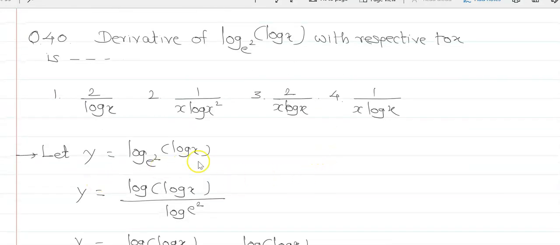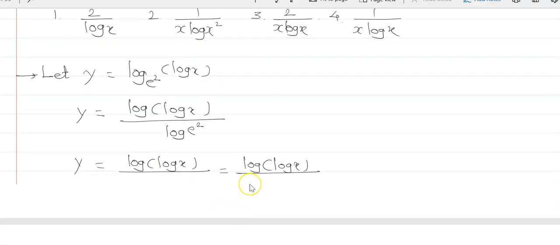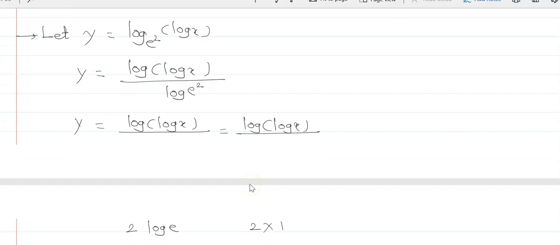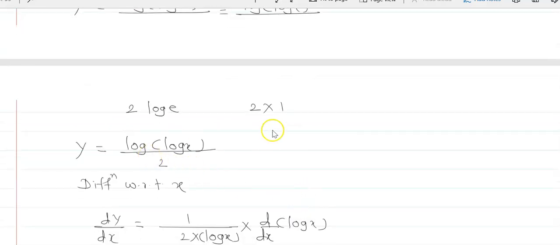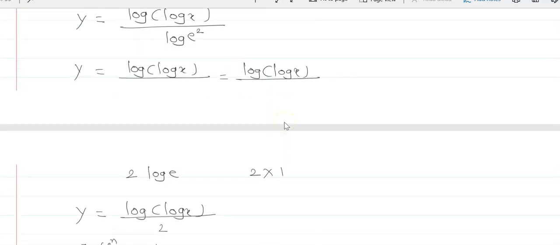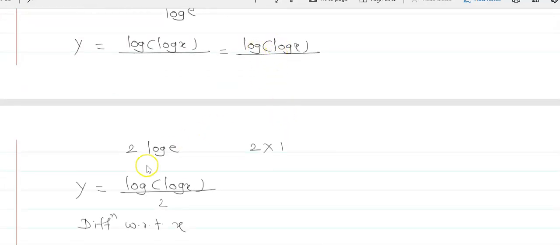Derivative of this, change in the base: log of e square means 2 times log of e, that is 2. Differentiate with respect to x, dy by dx is the log of x upon 2 times log of e, that is 2 into 1, therefore overall that is 2.